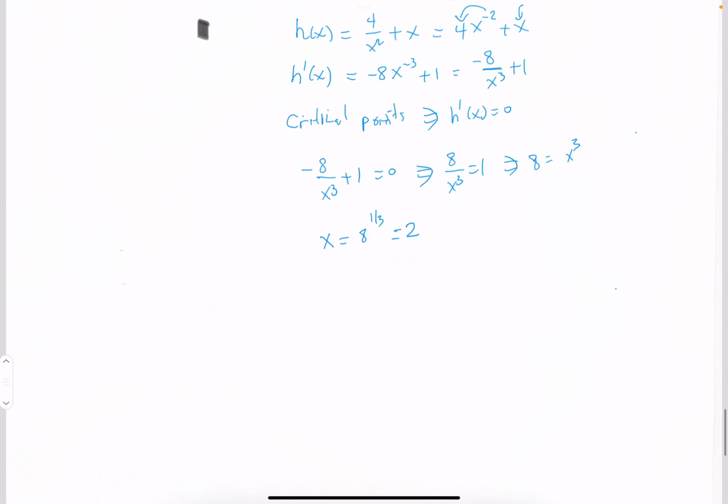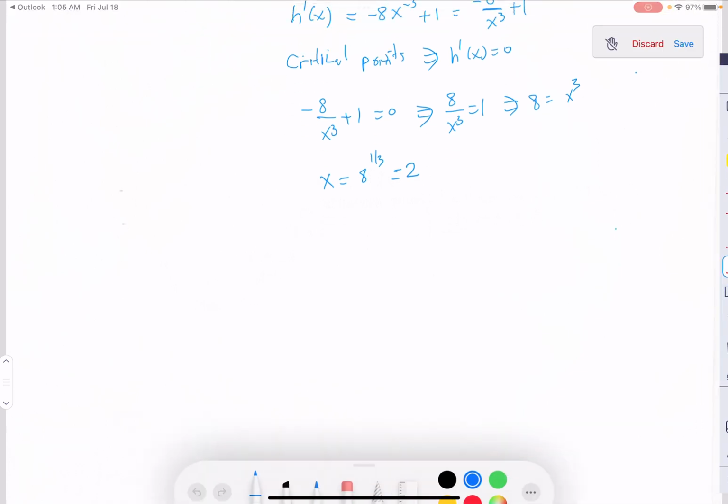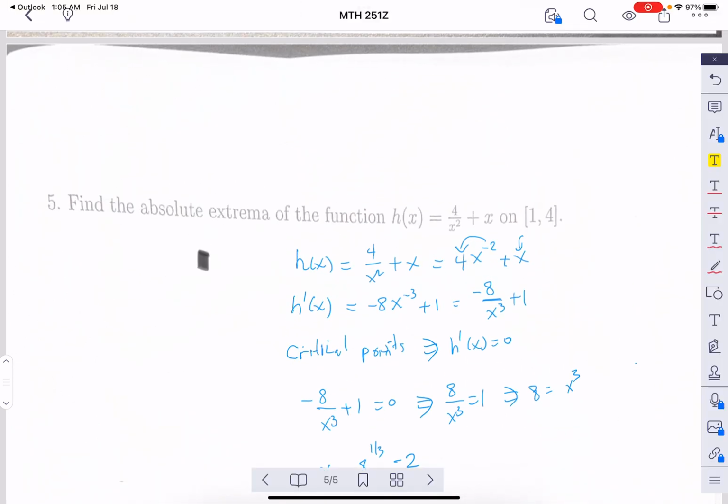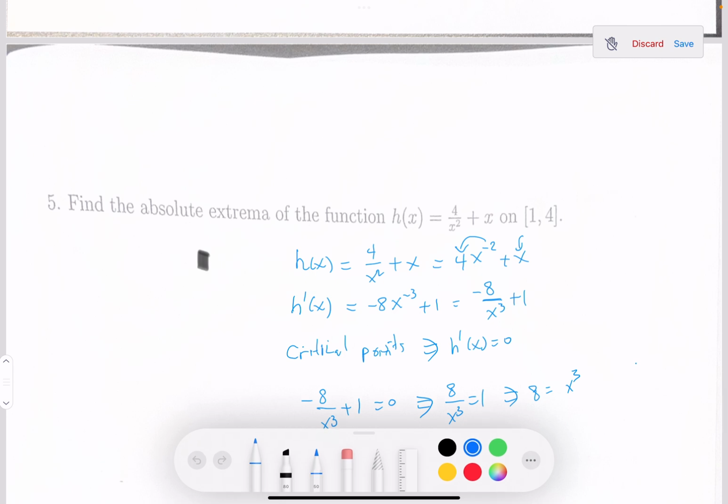What is the meaning of x equal to 2? x equal to 2 is inside this interval. He said that he wants the absolute extrema on this interval, 1 to 4.